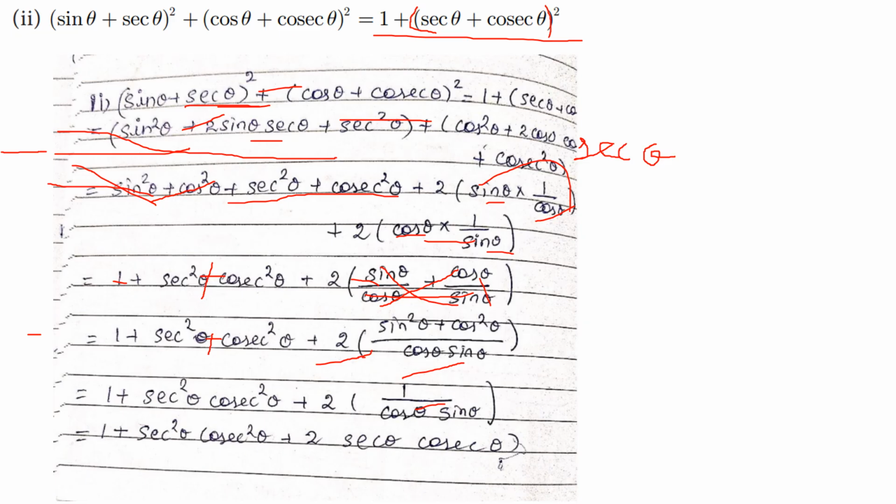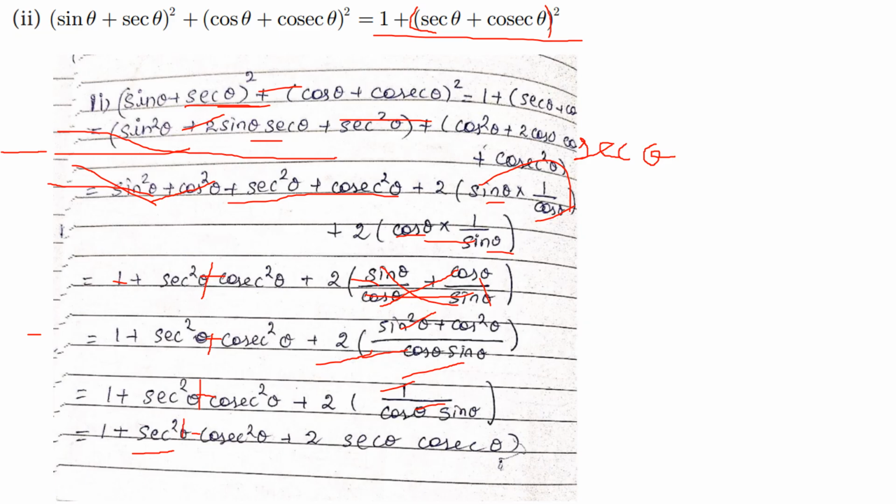So sin squared theta plus cos squared theta will come, that is the identity, 1. So 1 by cos theta into sin theta, write it. Here 1 plus secant squared theta plus cosecant squared theta plus 2 into 1 by cos theta sin theta.